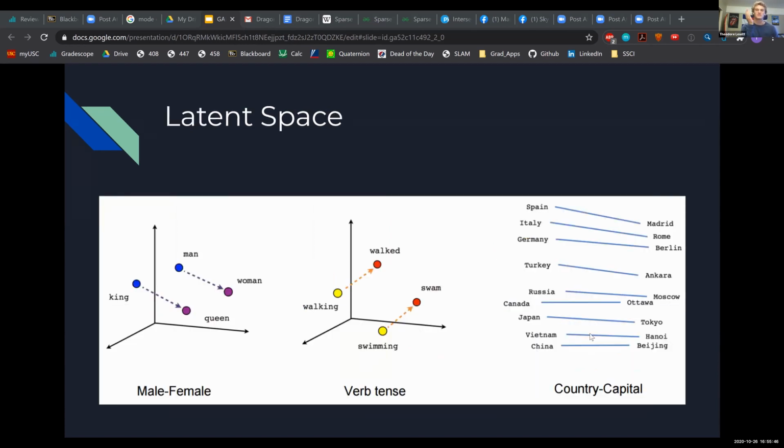So what the latent space is, it's an abstract representation of the world we live in, a smaller dimensional or a similar dimensional subspace. That doesn't really mean anything. But terms that are the same in our world are going to be close in the latent space. So man and woman, when we did our classification lecture, we used word embeddings. And a word embedding is an example of a latent space.